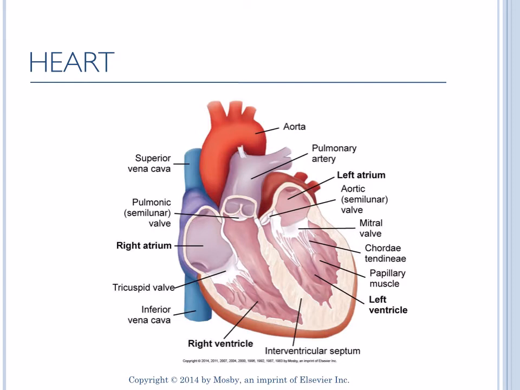Now, if cardiac output drops for any reason, this means that the left ventricle has decreased forward flow. If this decrease in forward flow is very major, the patient may show signs and symptoms of decreased cardiac output.